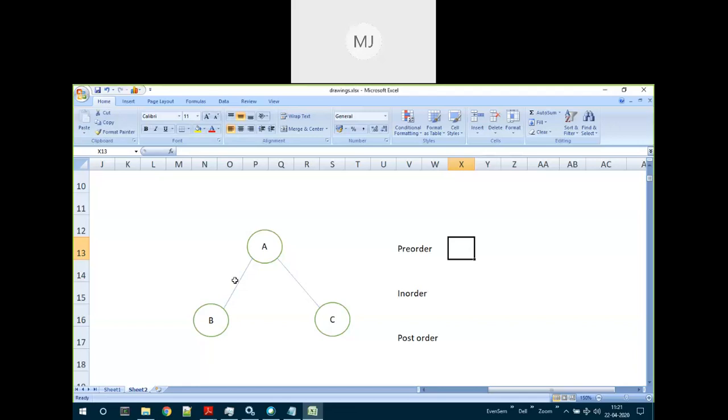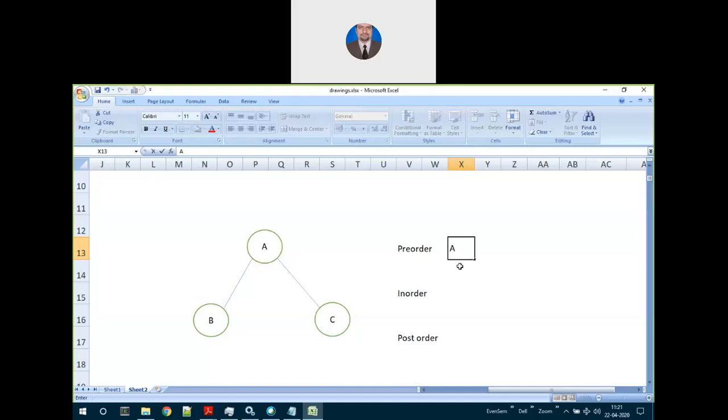So this is a tree where we have parent A, and B and C are the left and right child. In the pre-order, what is the occurrence of the nodes? As I said, pre means first visit what? The parent. Who is the parent here? A is the parent. Then after A, what should I look for?